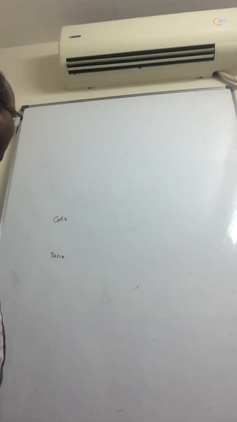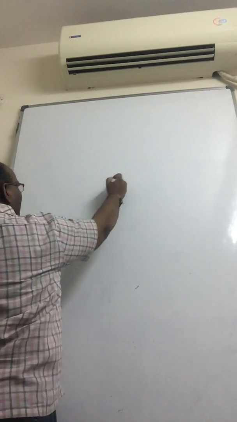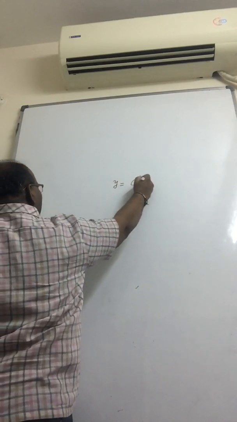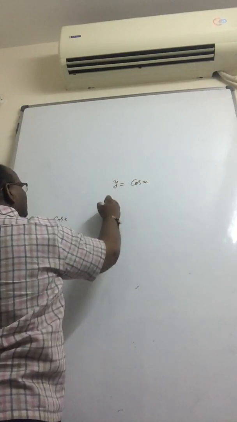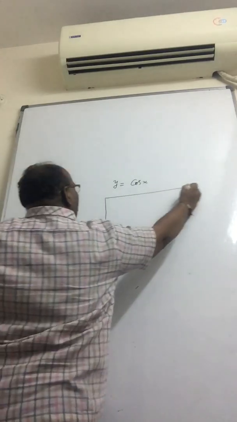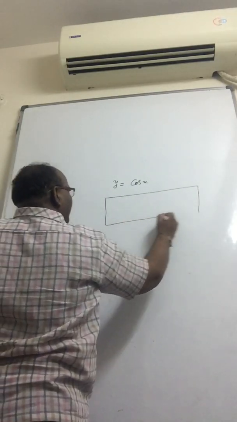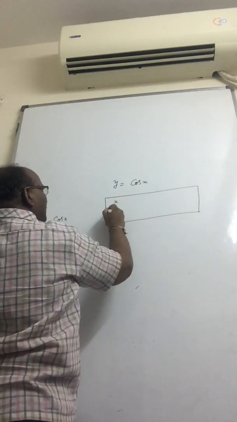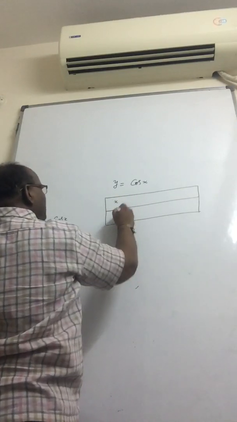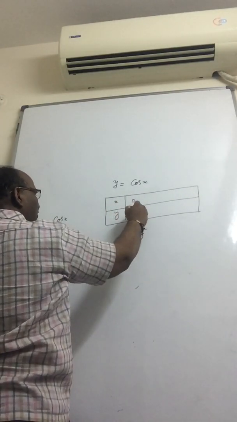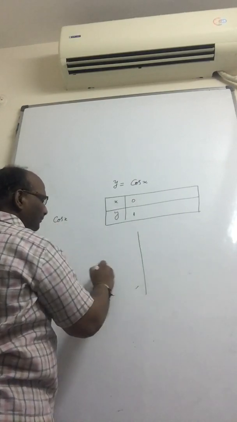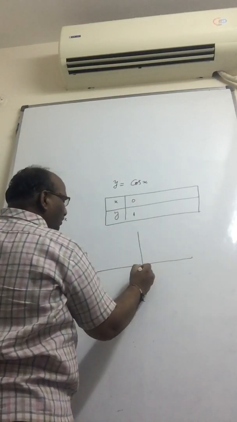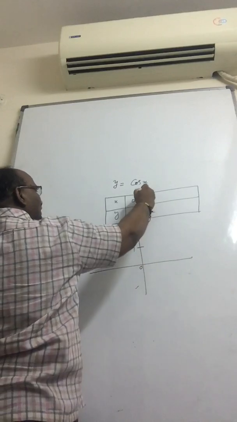Now let us see the cos x graph. Y equal to cos x, if you consider. Take some x values and find the corresponding y values. For 0, the value is 1. Here x is 0, cos 0 is 1.